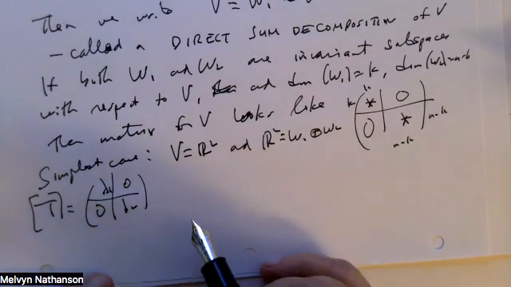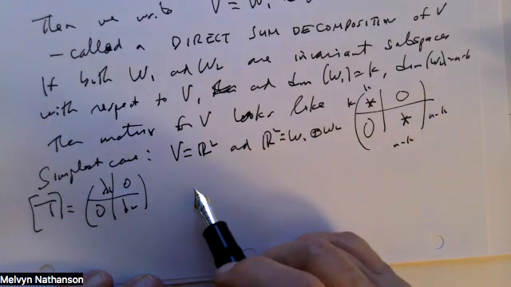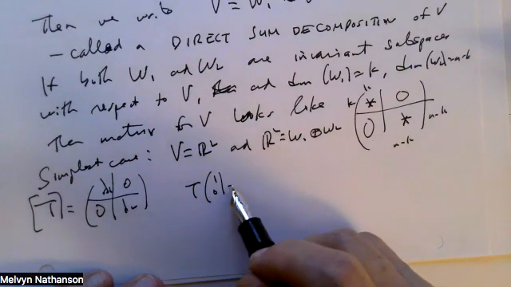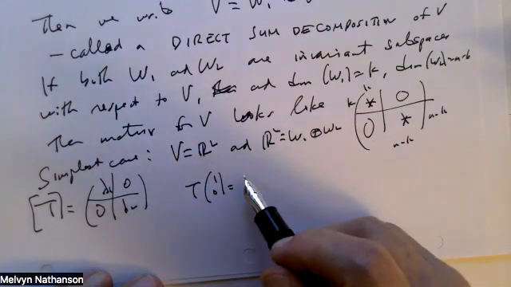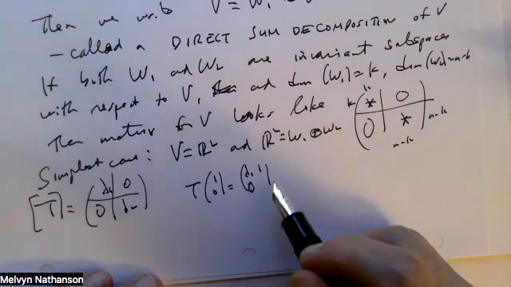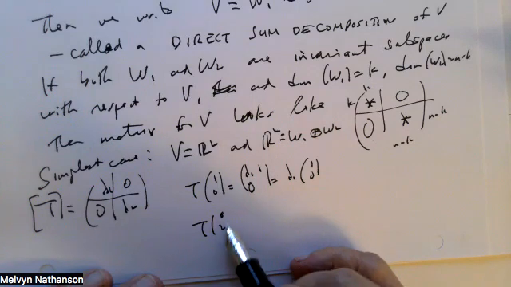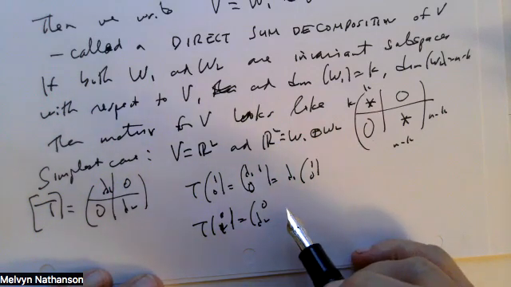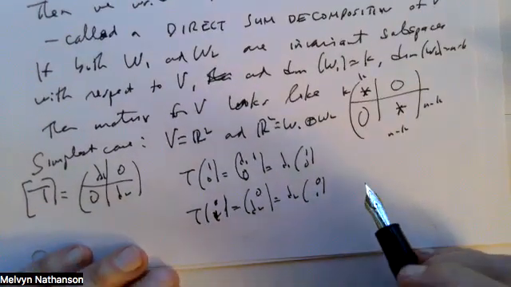for T. And with respect to the basis, you would have T of, say, (1, 0). What is that? Well, lambda 1 times (1, 0), and T of (0, 1) would be (0, lambda 2), which is the same as lambda 2 times (0, 1).